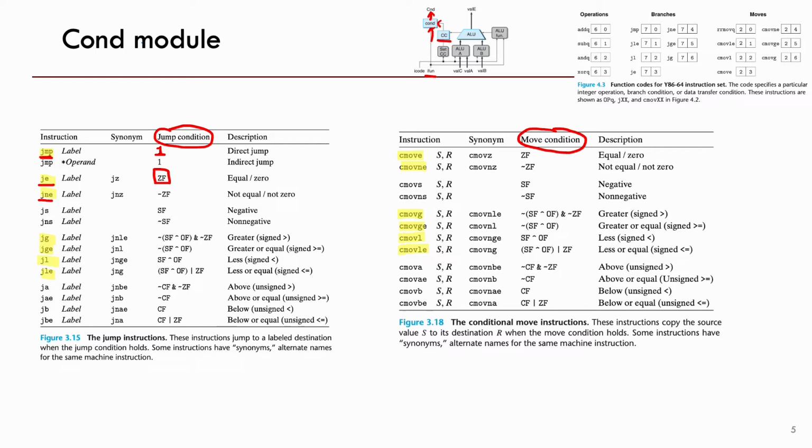Or if the current instruction is a jump-not-equal instruction, then it will return the result of this condition.